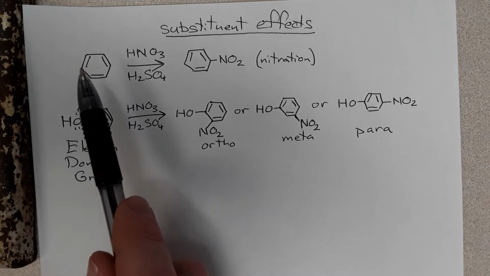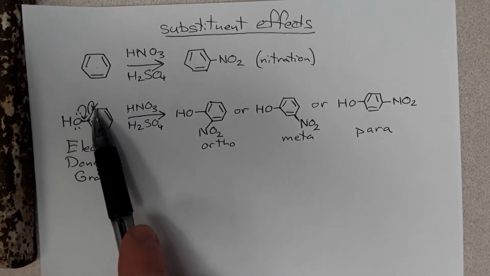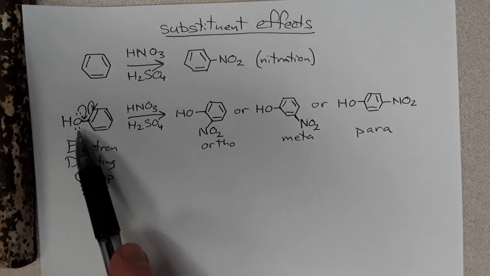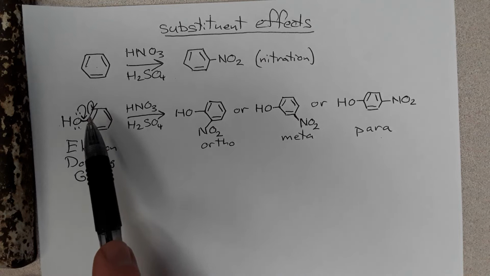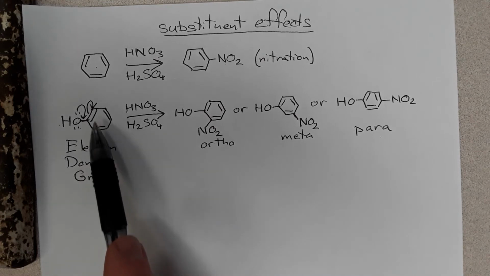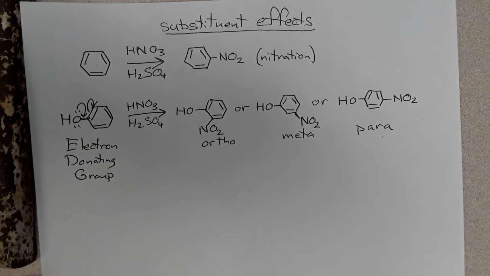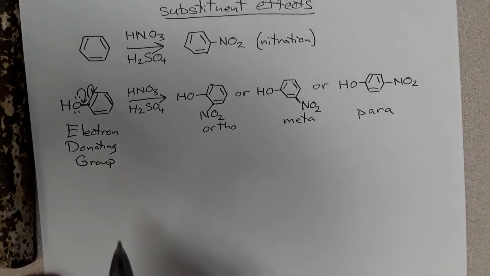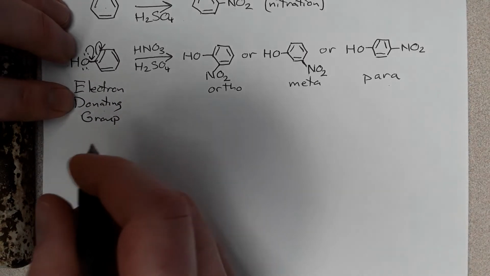And so if we are pumping electron density into the ring, then it's giving it more of a negative charge and making it a better nucleophile. And so let's see which carbons on this ring, the ortho ones or the meta ones or the para one, becomes a better nucleophile. So I'm going to redraw this down here so I can draw the resonance structures then.